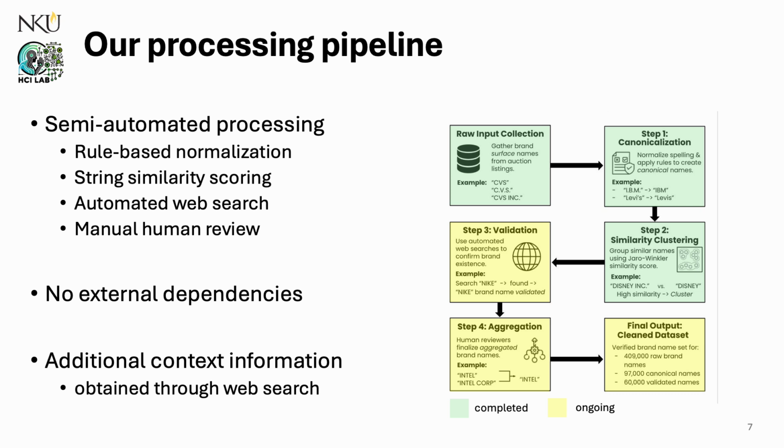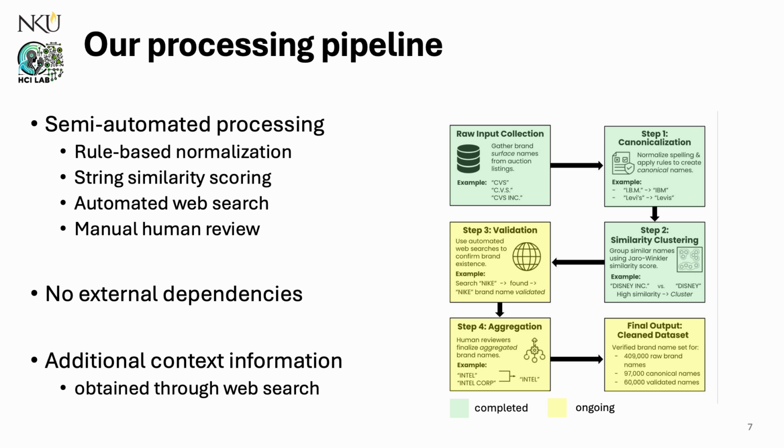It has six major steps. It starts with collecting raw brand names from online marketplace listings. Next, we perform canonicalization, where we clean and normalize the names, such as removing special characters and other noise. Then we use similarity matching to detect names that likely refer to the same brand, for example, Disney Inc. and Disney.